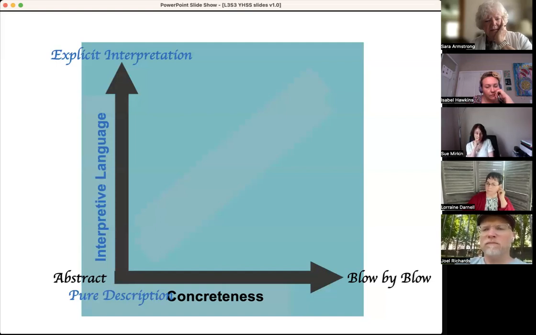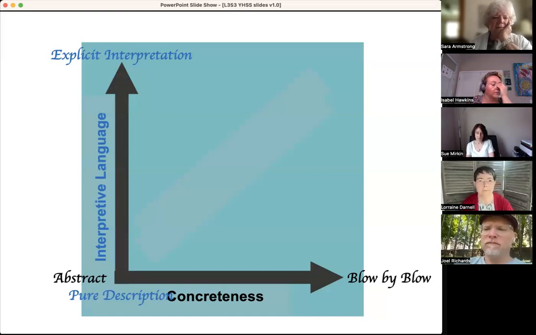If you put your hand right in the middle of that left-hand side, then it's all the way over to abstract, but right in the middle in terms of interpretation. So you see what I'm saying?